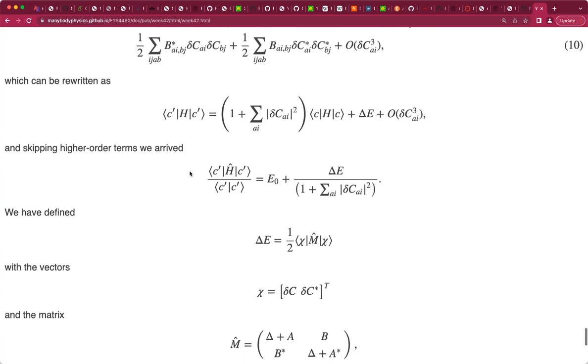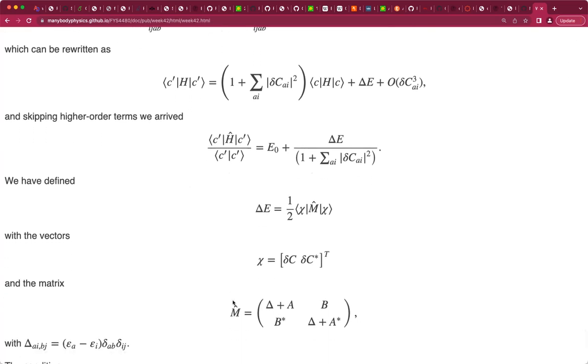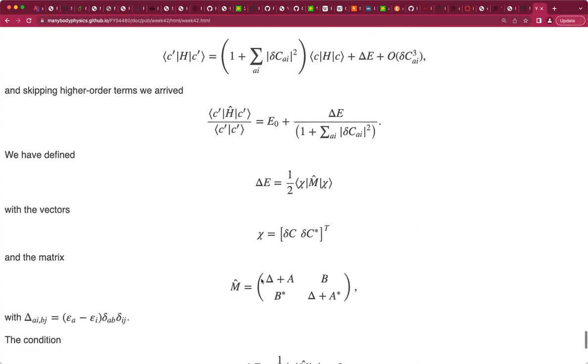And when I do that, I can rewrite this matrix in terms of delta E, which is simply the difference between the single particle energies for particles and hole states, which I will have on the diagonal. And then I need to have A here, but I will also have the complex conjugate of A, or the Hermitian conjugate. So this matrix M here is now defined in terms of these matrix elements.